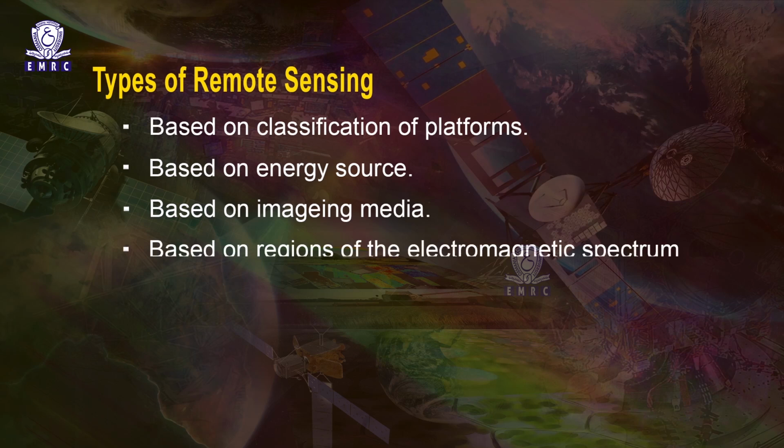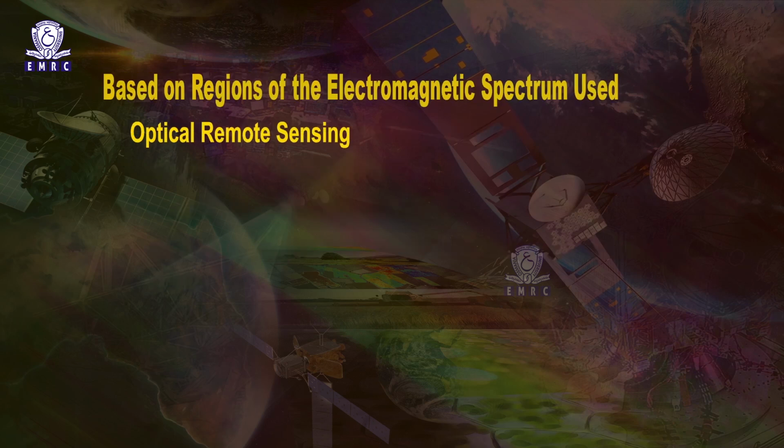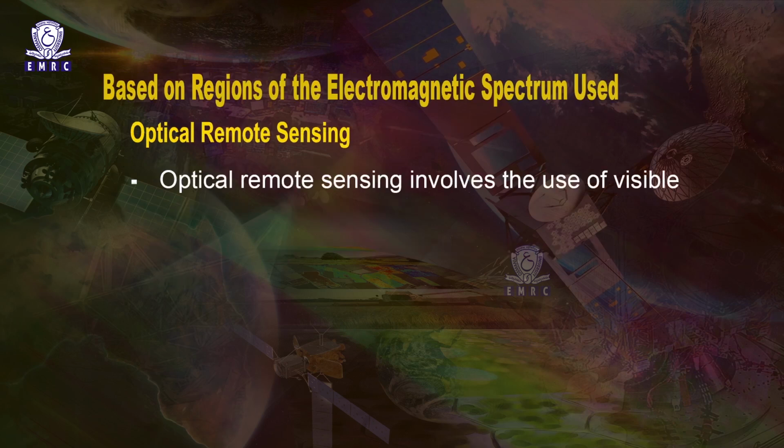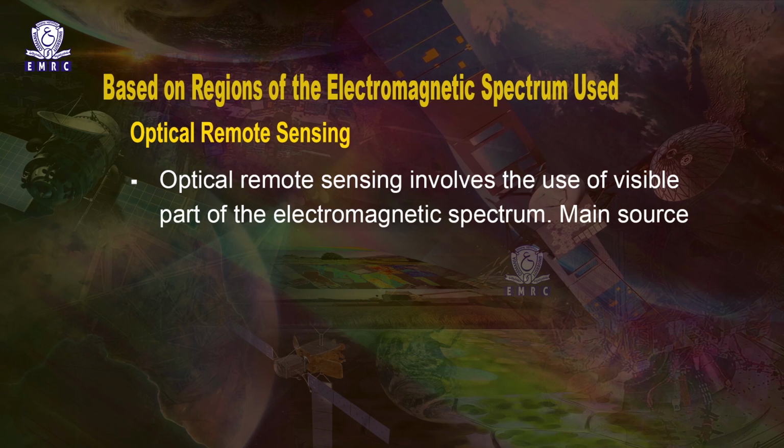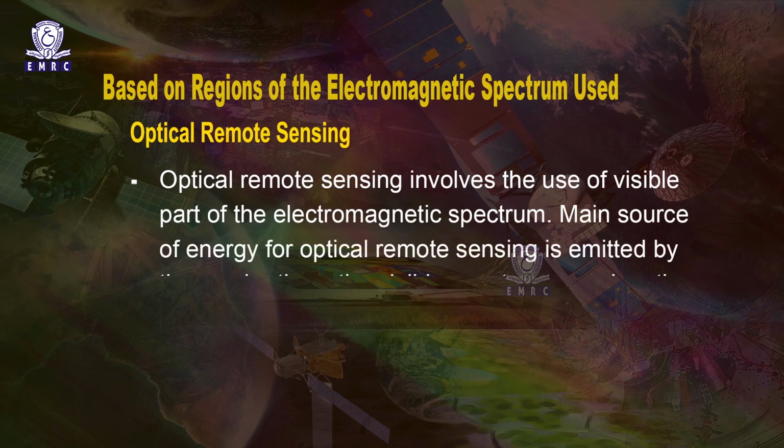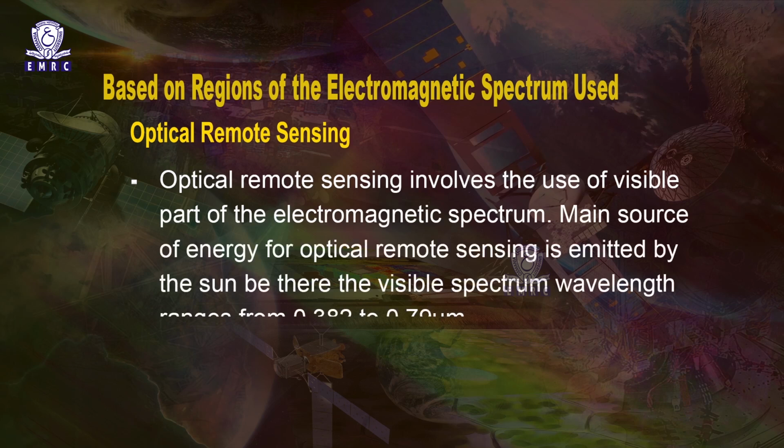Based on the regions of the electromagnetic spectrum used, remote sensing can be divided into optical remote sensing, which involves the use of the visible part of the electromagnetic spectrum. The main source of energy for optical remote sensing is emitted by the sun, where the visible spectrum wavelength ranges from 0.38 to 0.79 μm.